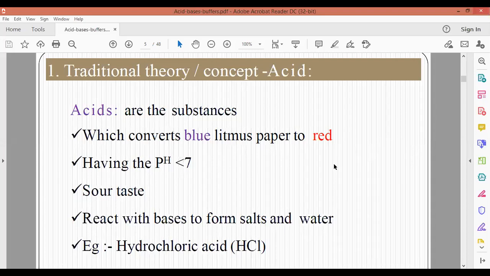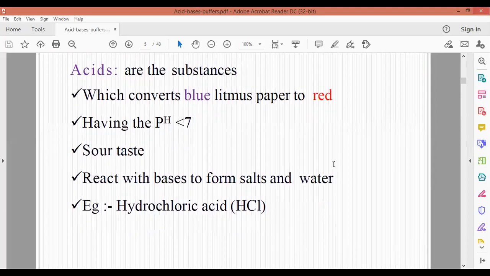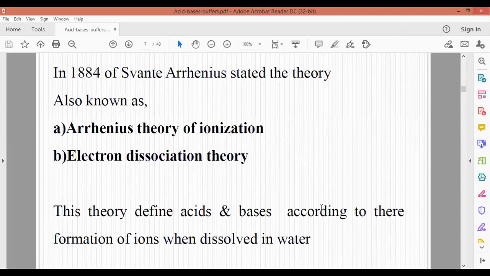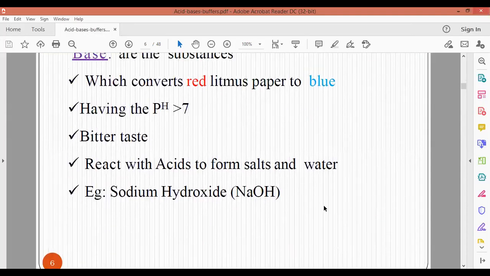Then, they react with the bases to form salts and water. Here I give an example also. HCl is the acid, and the base is NaOH, sodium hydroxide. You take HCl plus NaOH, and the reaction gives NaCl plus H2O.